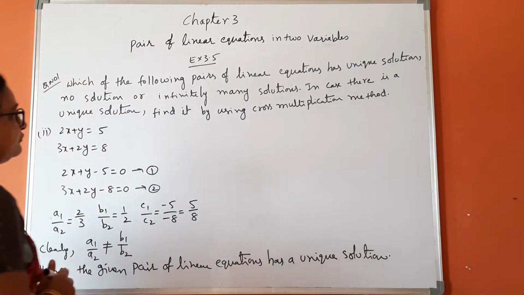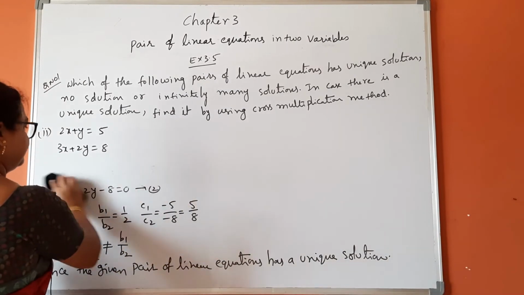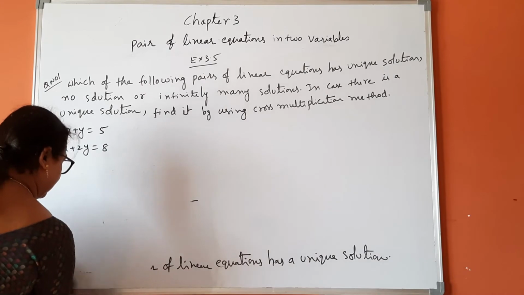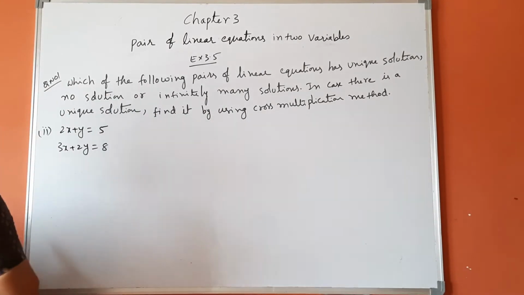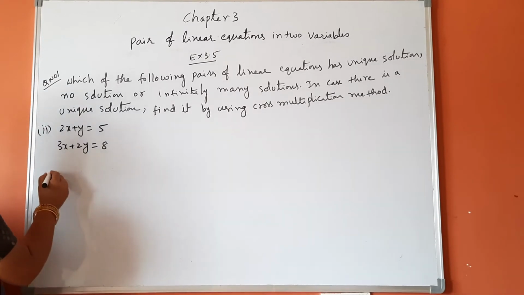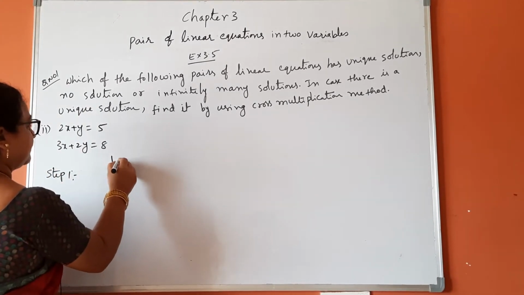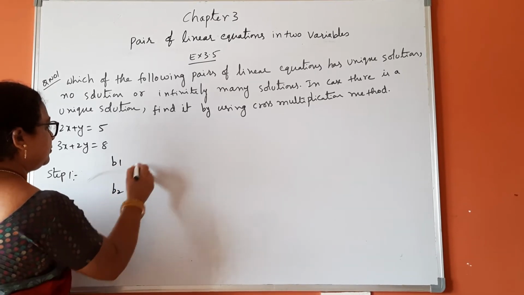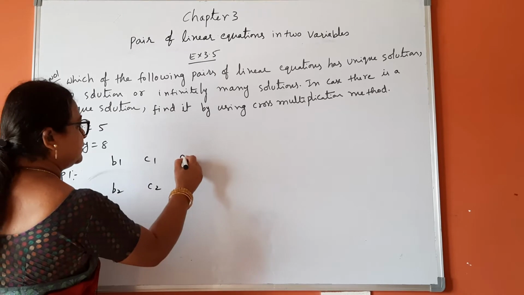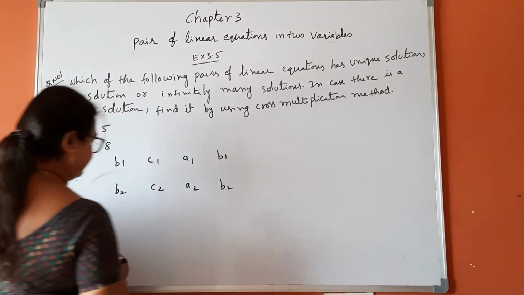What is the procedure of cross multiplication method? What is the first step? In cross multiplication method, step 1, B1, B2, C1, C2, A1, A2, B1, B2.